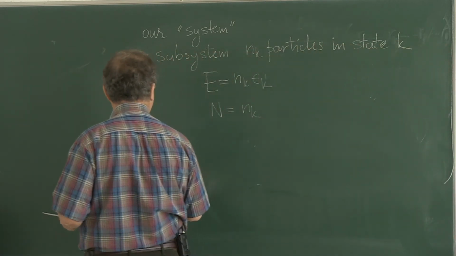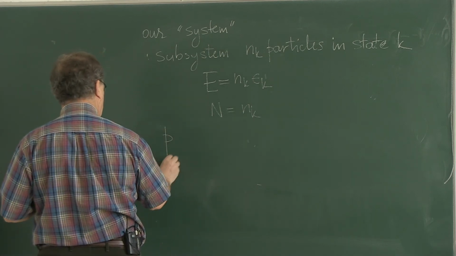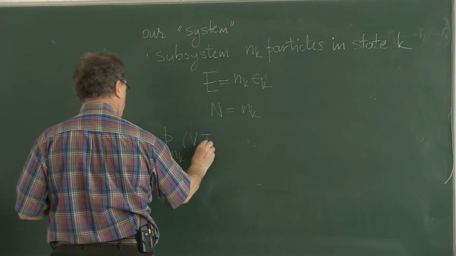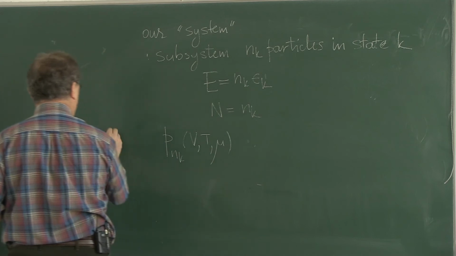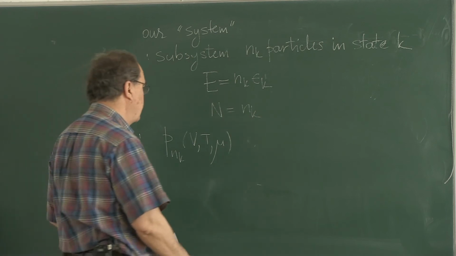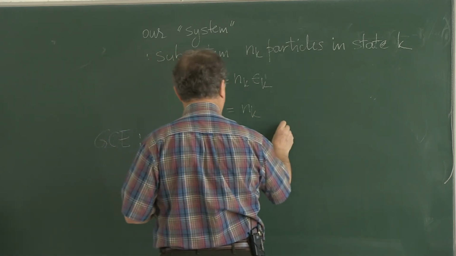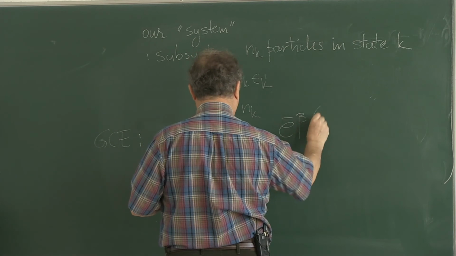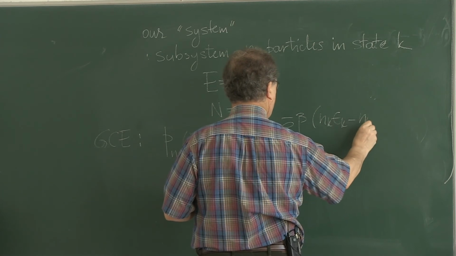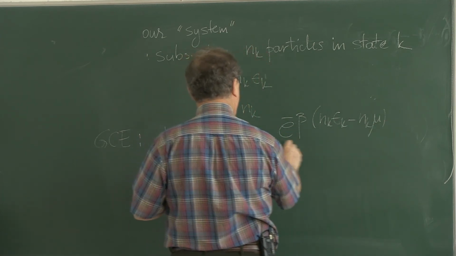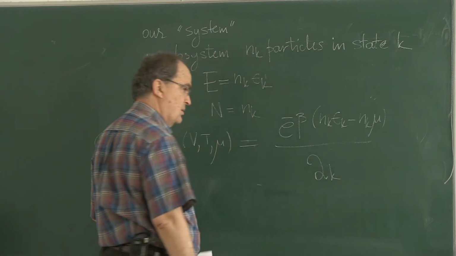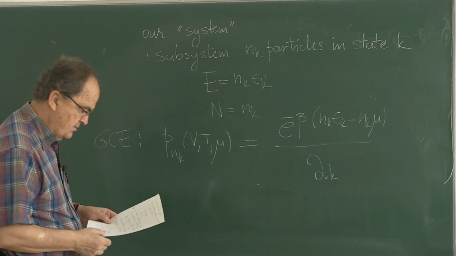Well, if this is chosen like this, the probability of having n_k particles in this state in the grand canonical ensemble is the following: e to the minus beta (n_k ε_k minus n_k times mu), divided by the grand canonical partition function.